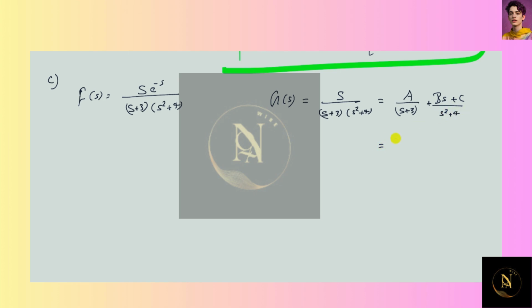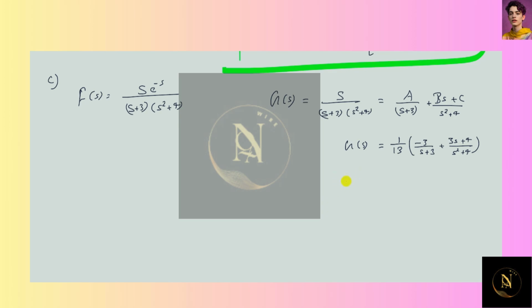Now from the concept of partial fractions, the value of this term is equal to 1/13 times [minus 3 divided by (s+3) plus (3s + 4) divided by (s^2 + 4)]. Now this is the value of G(s).